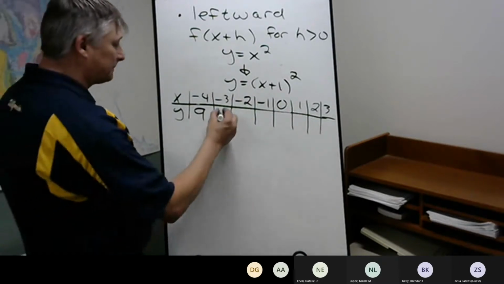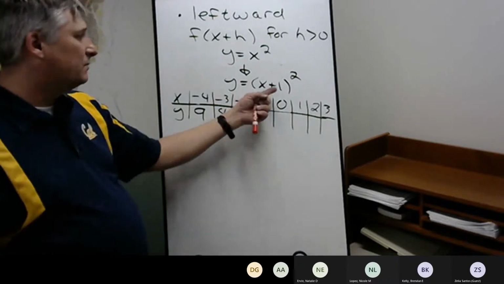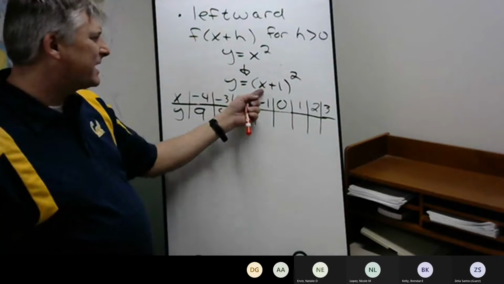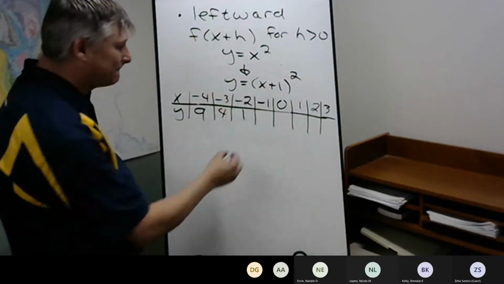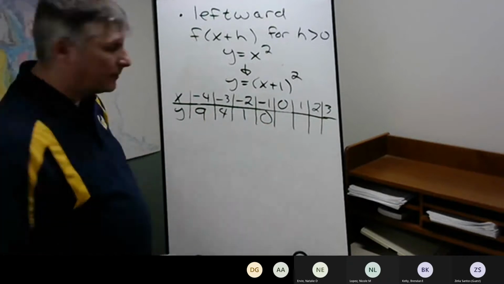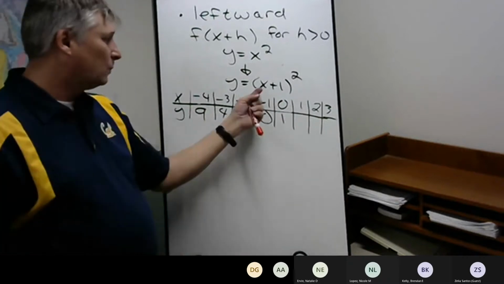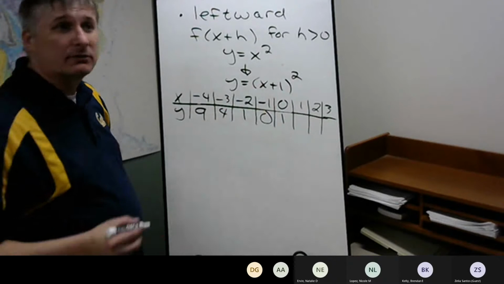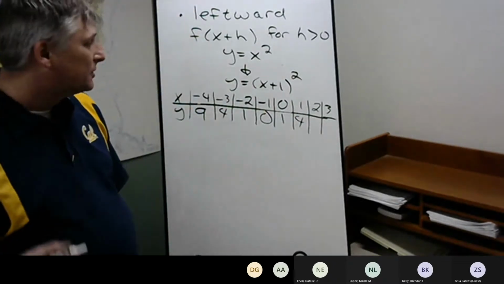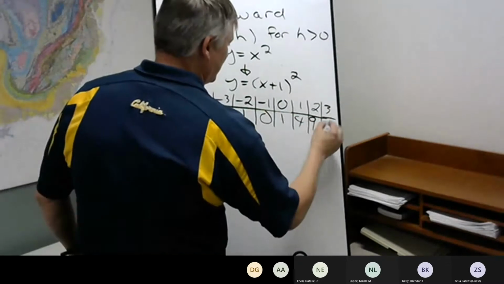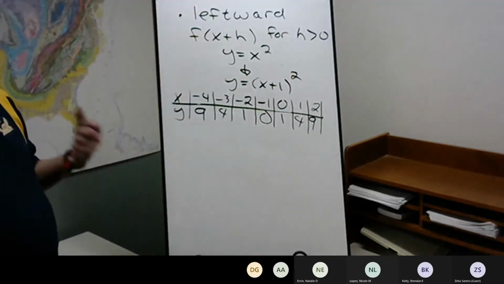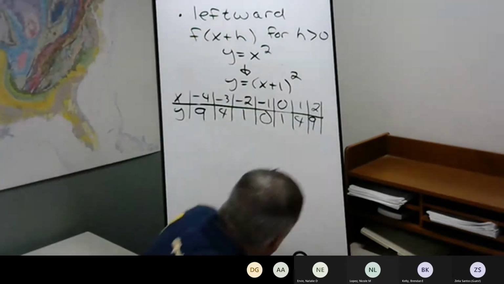Square that, you get 4. Negative 2 plus 1 is negative 1. Square it, you get 1. Negative 1 plus 1 is 0. Square it, you get 0. And then 0 plus 1 is 1. Square it, you get 1. 1 plus 1 is 2. Square it, you'll get 4. 2 plus 1 is 3. Square that, you'll get 9. And we're not going to need this one. That's going to be good enough. So let's graph it and see what happens.